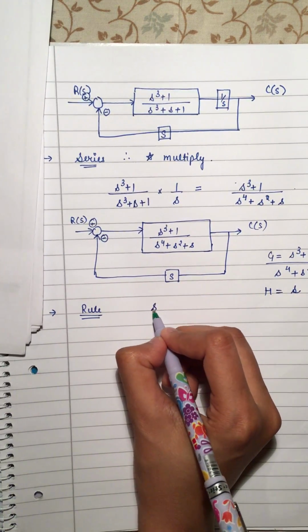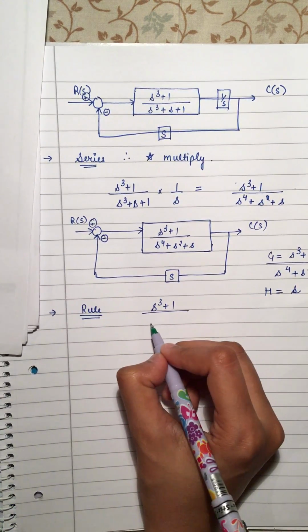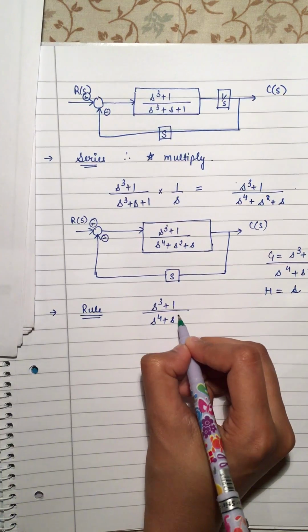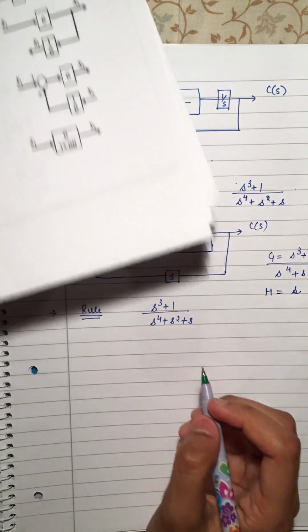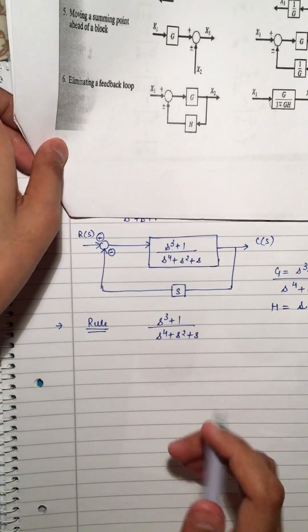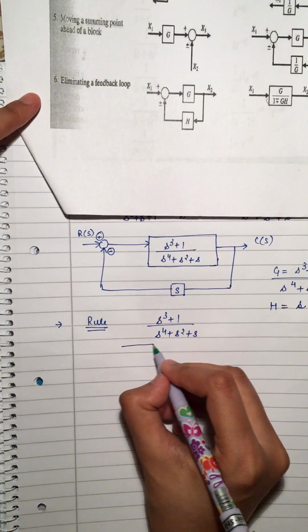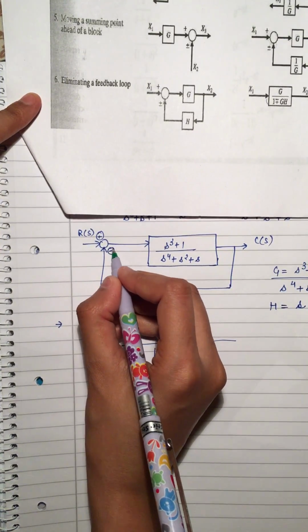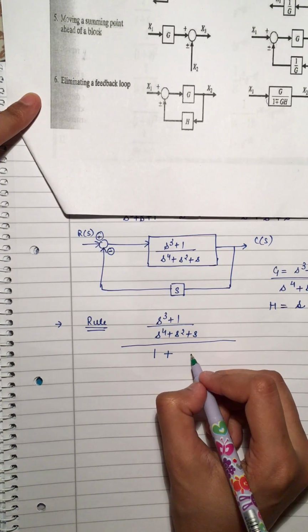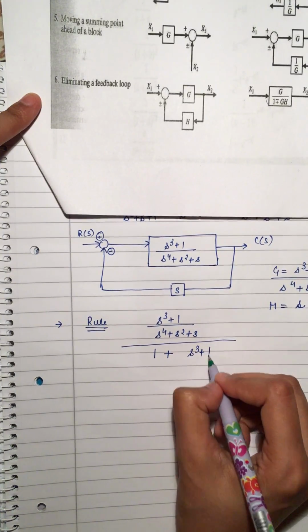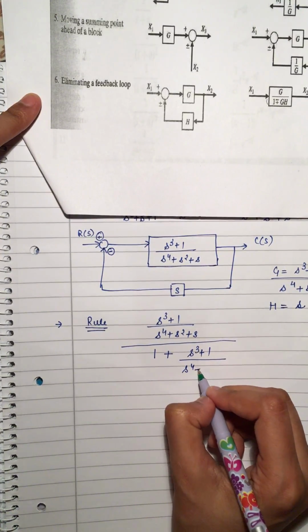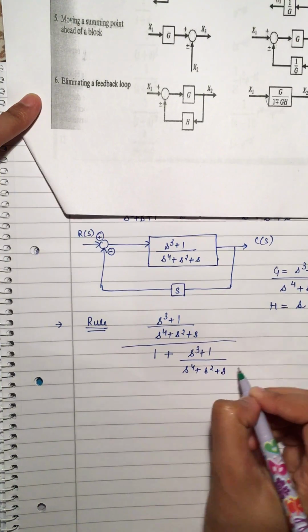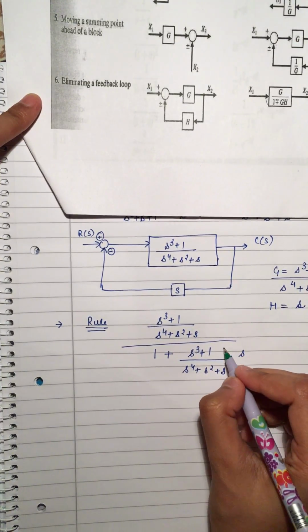The rule will be s cube plus 1, that is G, divided by 1, here it will be plus because it's a negative loop, plus s cube plus 1, that is G, full G, multiplied by H, that is our s.